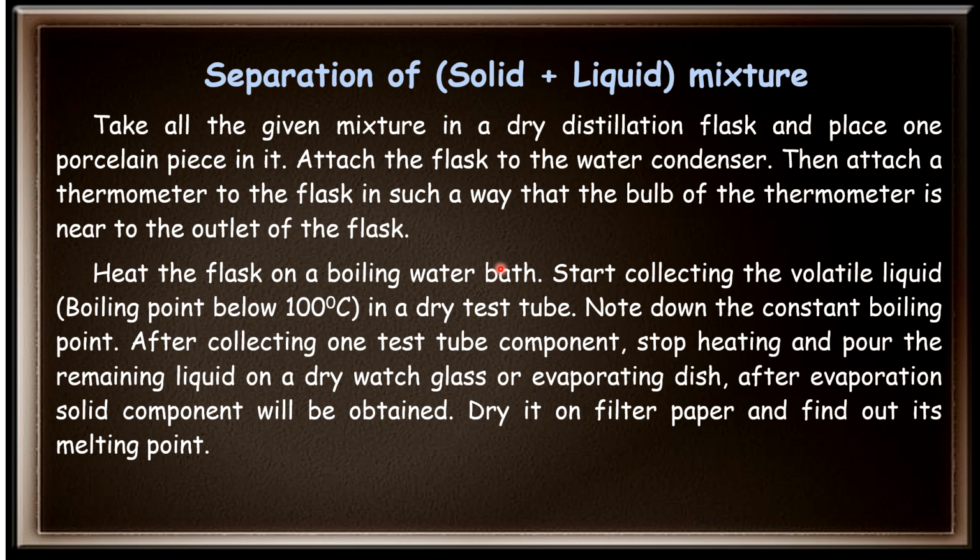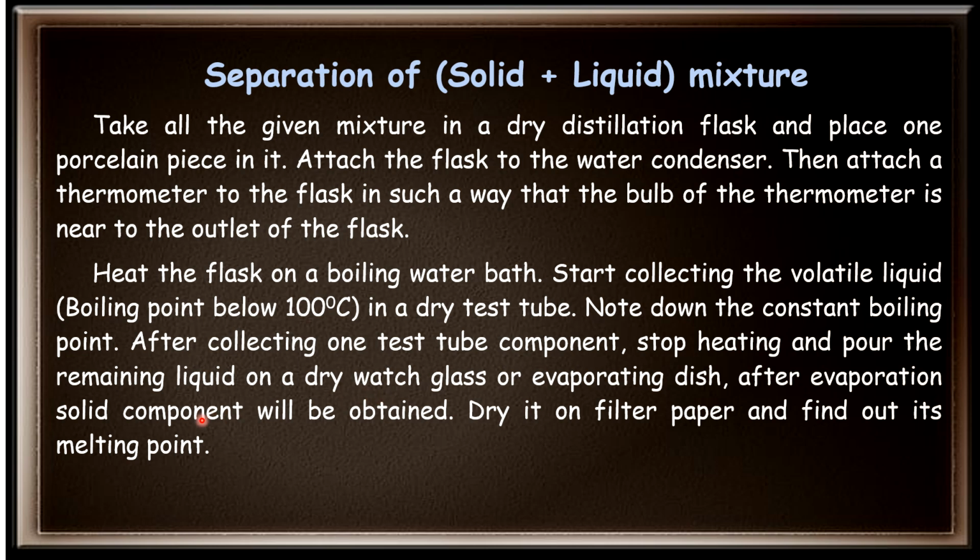After some time, volatile liquid comes out. Start collecting the volatile liquid whose boiling point is below 100 degrees Celsius in a dry test tube. Note down the constant boiling point. After collecting one test tube of component, stop the heating and pour the remaining liquid in a dry watch glass or in an evaporating dish.